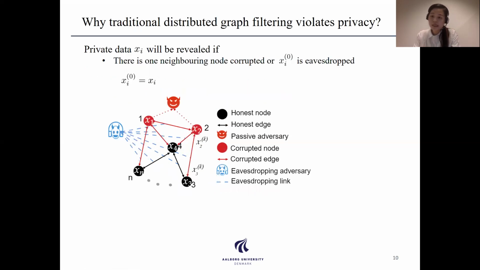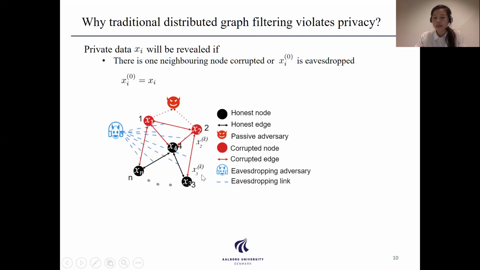Having introduced this adversary model, let's see how the traditional distributed graph filtering behaves when dealing with these adversary models. One thing to notice here is that since we initialize x_i^0 with our private data x_i, this is k equal to 0, right?